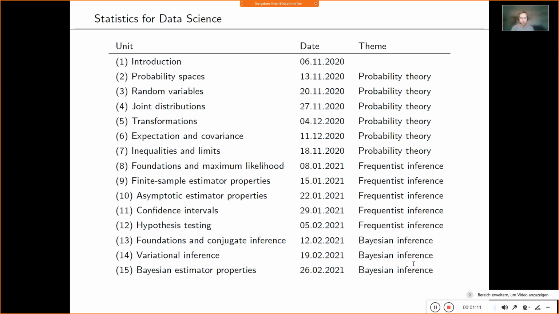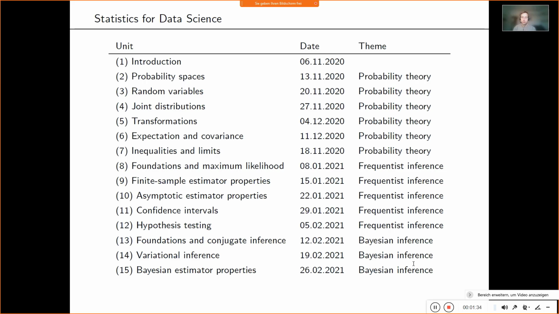So we have 15 weeks this term. As you will know by now, normally it's 16, but that's the COVID bonus that you get, so there are only 15 units. Today we are doing the introduction, and then we're going to do 6 sections on probability theory.